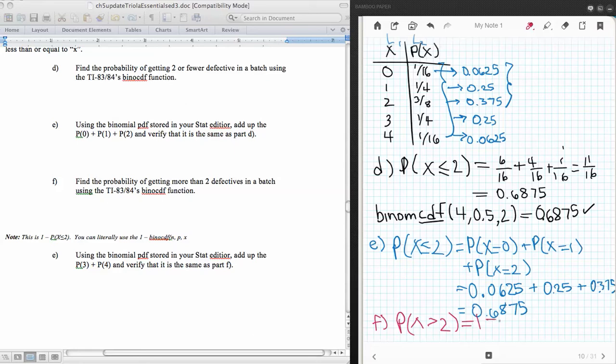So this is the same as 1 minus the probability of x being less than or equal to 2. So instead of reinventing the wheel, doing 3 and 4, this is 1 minus 0.6875, and so that is going to be 0.3125.